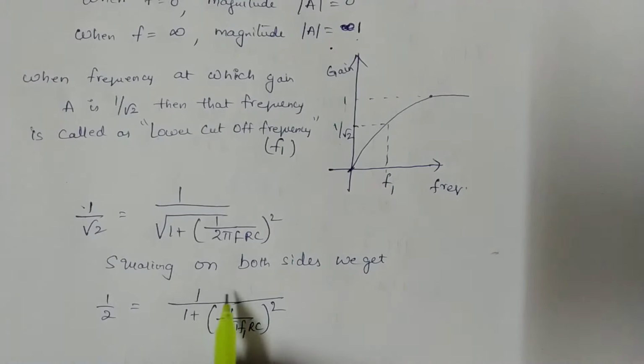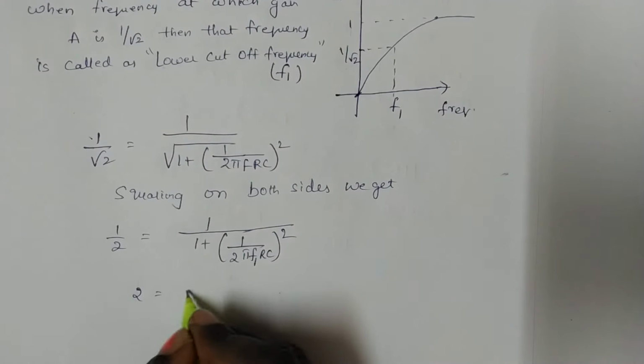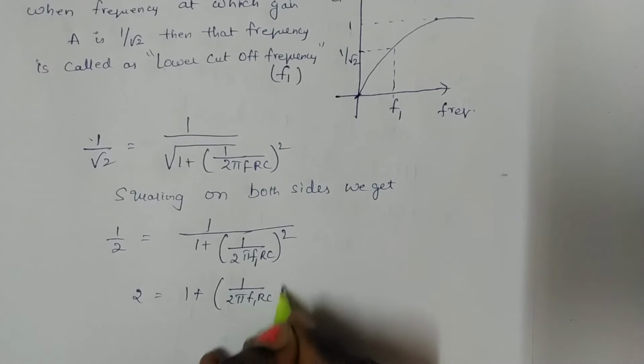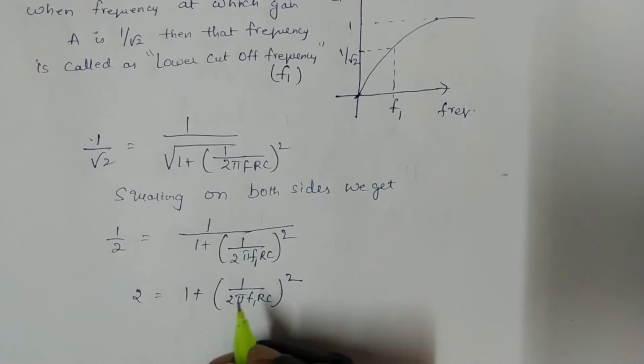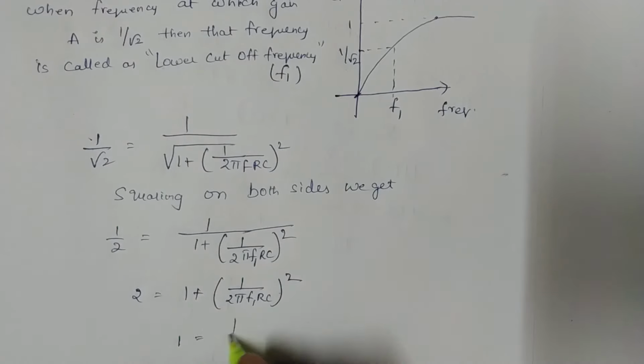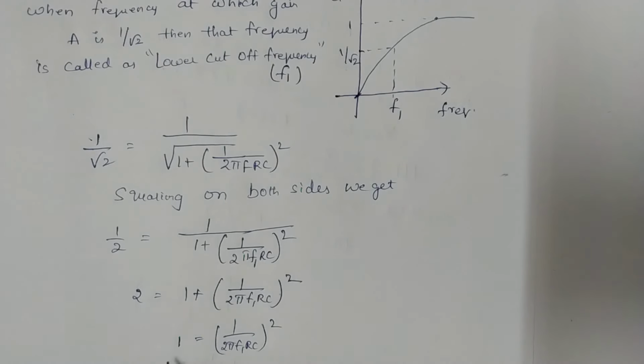The numerator ones will be cancelled, then we can represent it as 2 equals 1 plus (1 by 2 pi f1 RC) whole square. Now taking this 1 to the other side, it becomes 1 equals (1 by 2 pi f1 RC) whole square, where 1 square is nothing but 1.